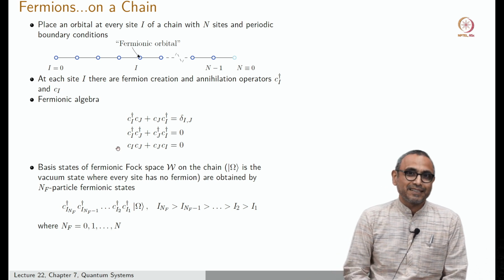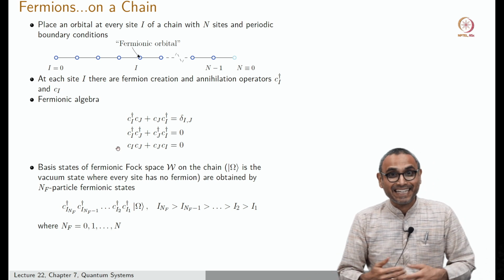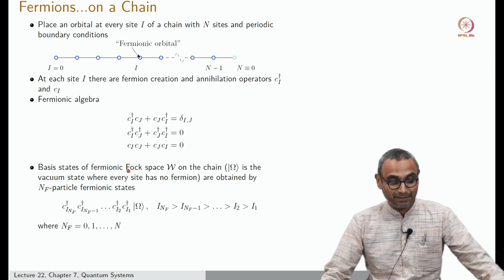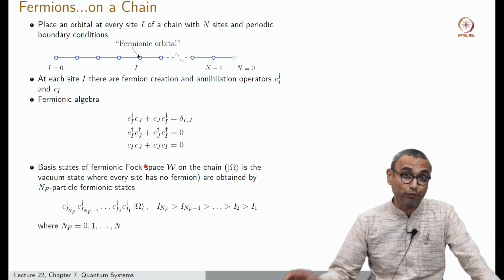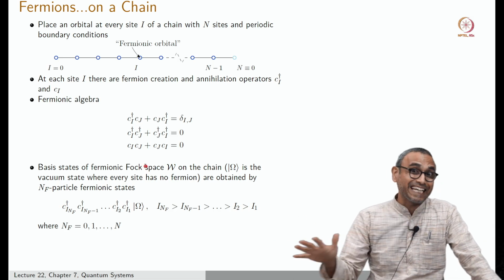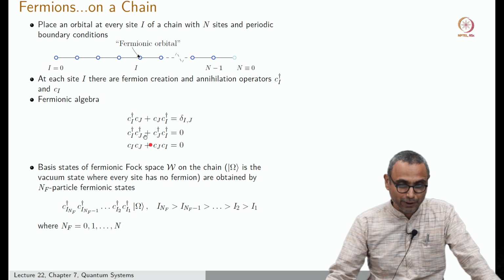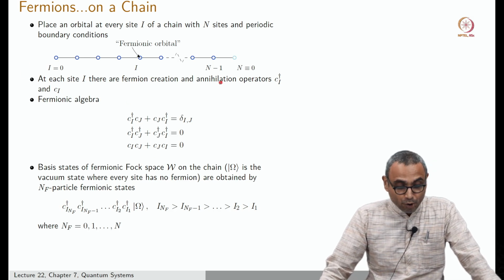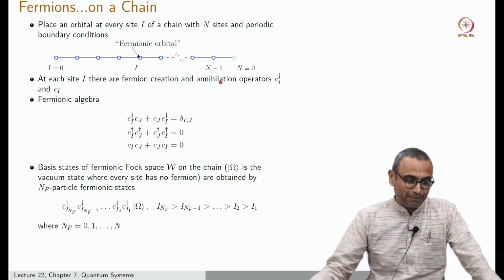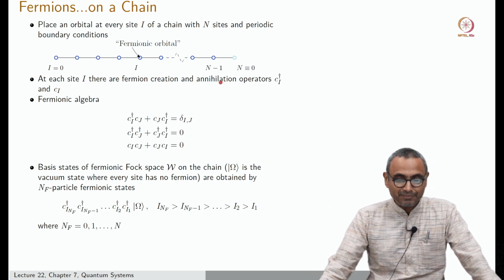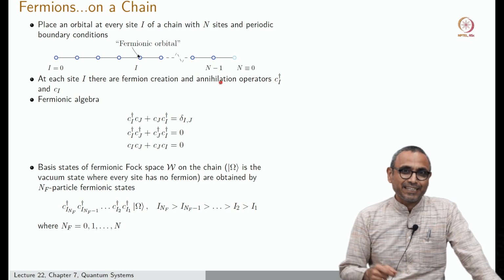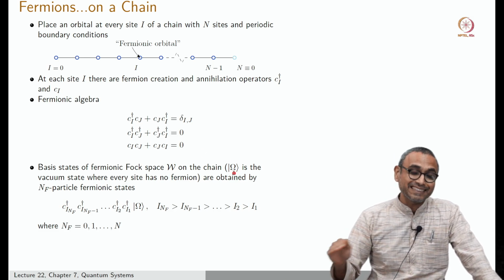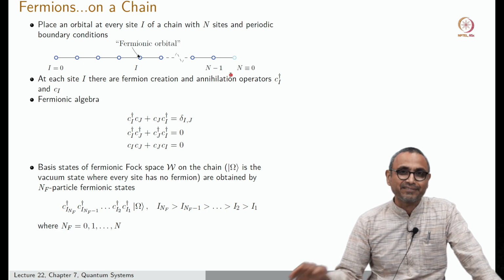Okay, so we would like to construct a basis state for the fermionic Fock space of the full chain. Now we are not talking about a single fermionic orbital, but the full chain. How do we create a set of basis states for this? You start with the vacuum, denoted by omega, which is a state where none of the sites have any fermions.